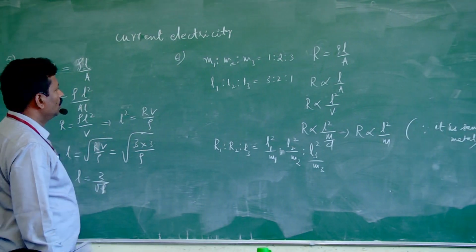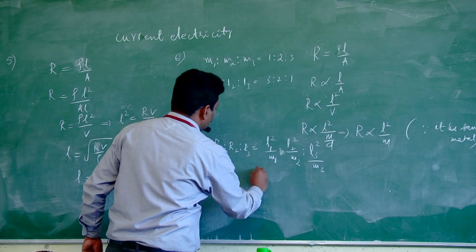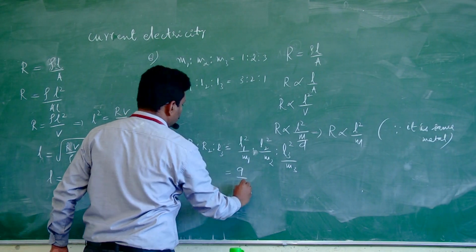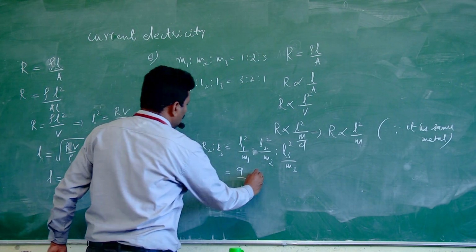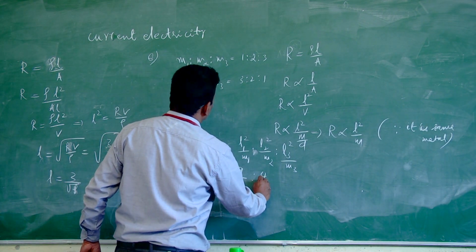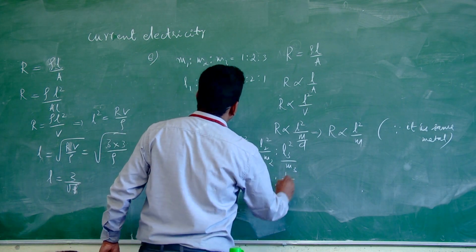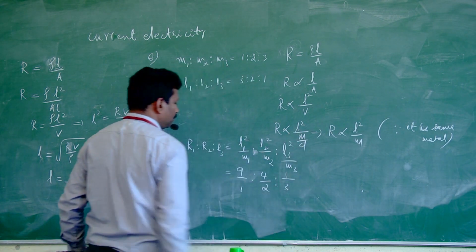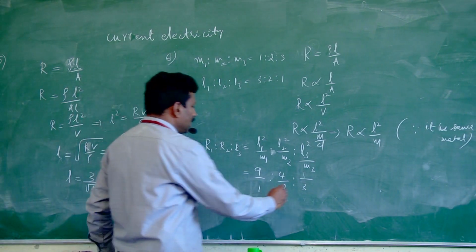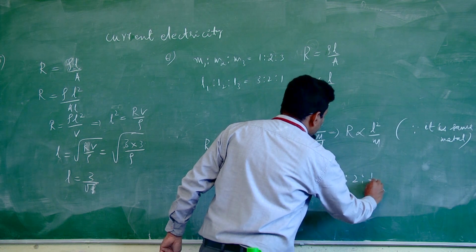So L1 squared, 9 by 1. Next L2 squared, 4 by 2. Next 1 by 3. So this is 9 is to 2 is to 1 by 3.